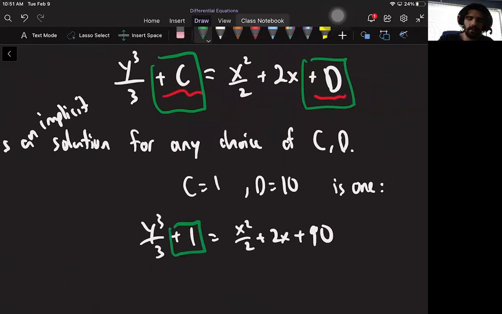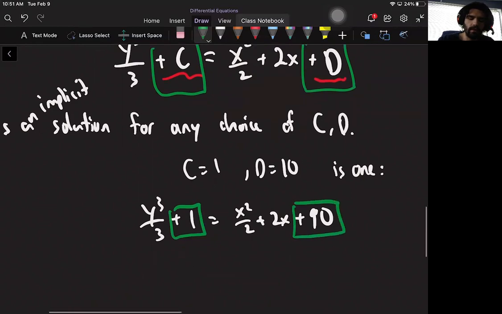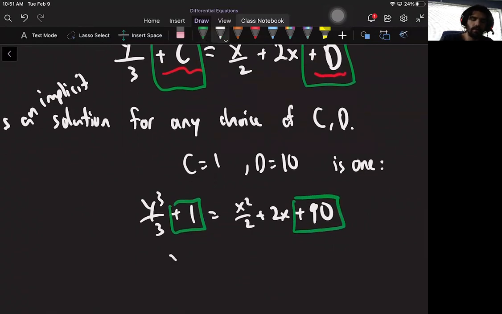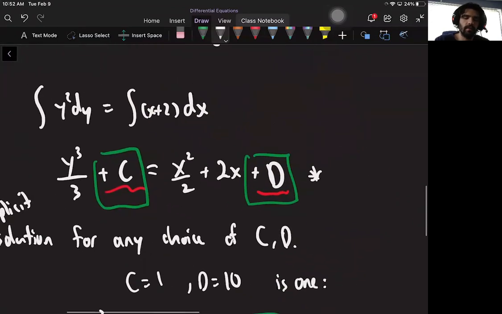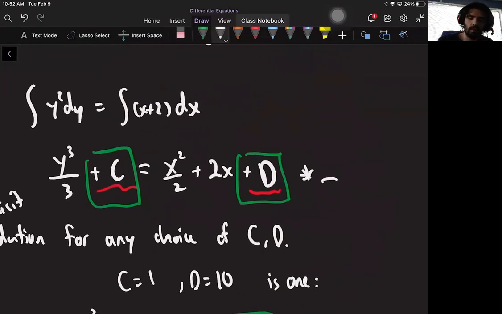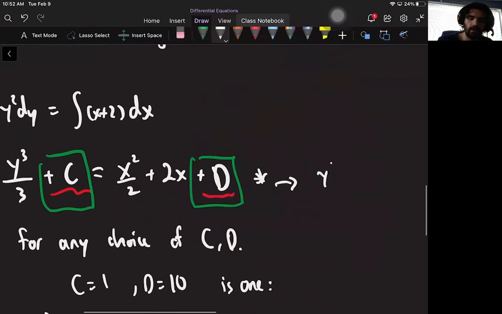Why would I not just combine this 1 and this 10? So I could rewrite this in several different ways, but one way is to just subtract the 1 over. So whenever I have 2 constants, I really just have 1. I can think about it as I subtracted it over back up here.